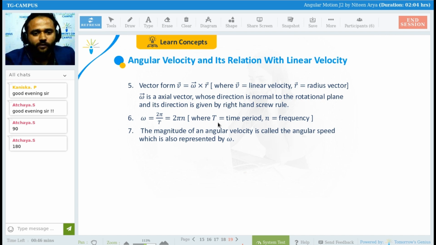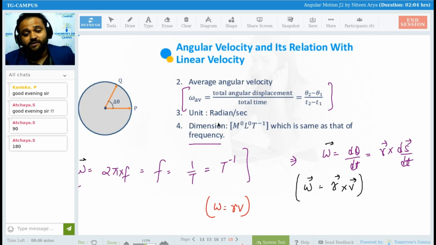Moving ahead, vector form of v equals omega cross r, where v is linear velocity. Wait. This is wrong, because theta. I am always confused in this. See, theta we can define as s over r, and you don't tell me, sir, you are doing wrong.